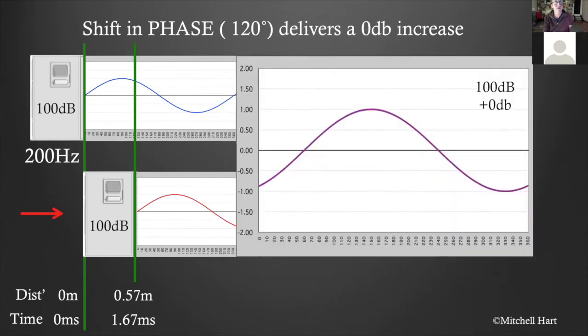So if there's a substantial shift in time, you can get a situation where instead of the two 100 dB signals adding together and giving you 6 dB more, they're now adding together and getting no benefit from having two signals at all. You may as well turn one speaker off and you'd still get the same level at the reference mic. So that's where time can sort of play tricks on you when you're combining signals.